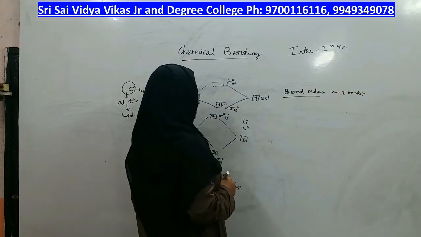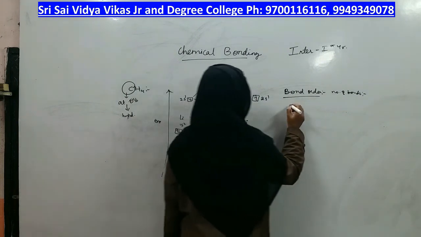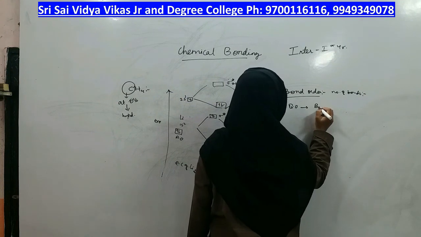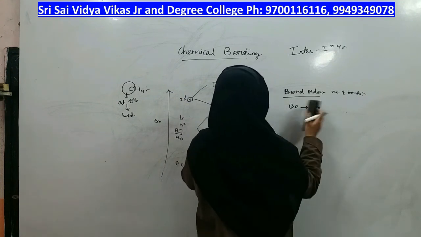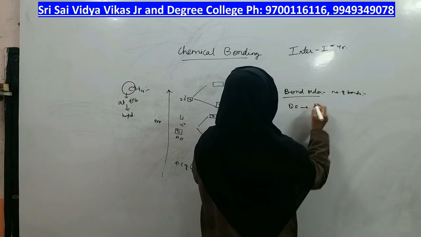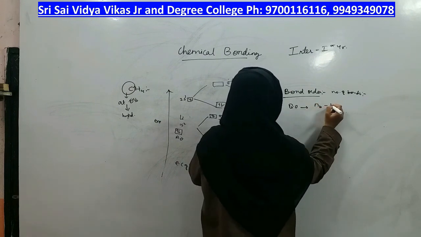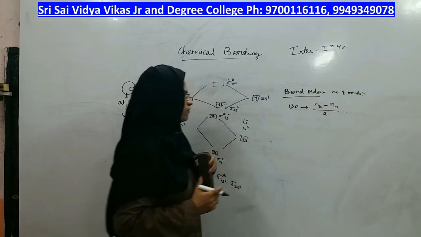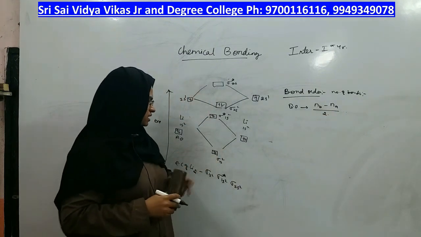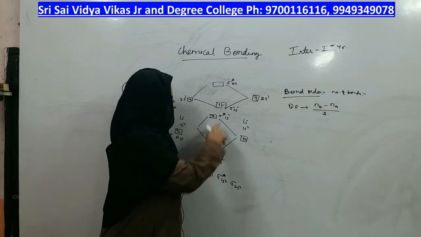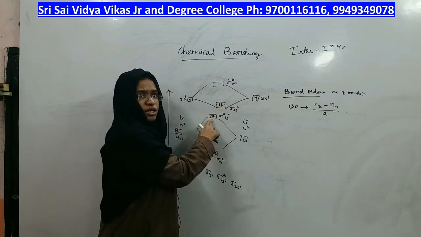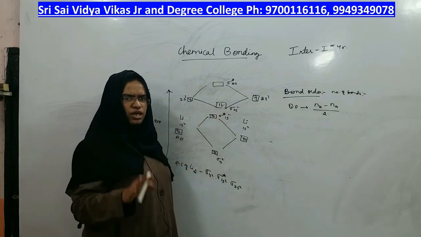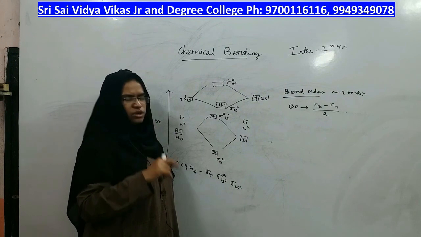And for that the formula is number of bonding electrons minus number of anti-bonding electrons by 2. How many bonding electrons are present in lithium? 1, 2, 3, 4. Whoever has a star, that orbital is an anti-bonding orbital, you should not count them under bonding orbitals, right?